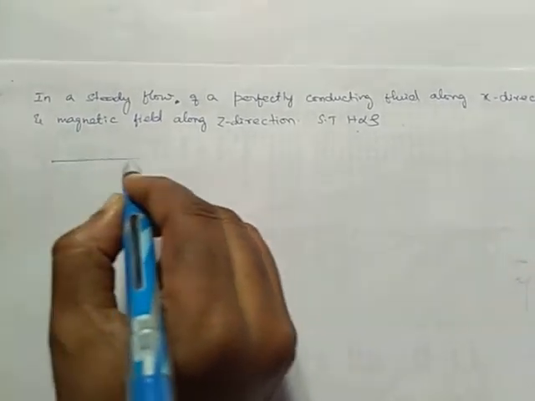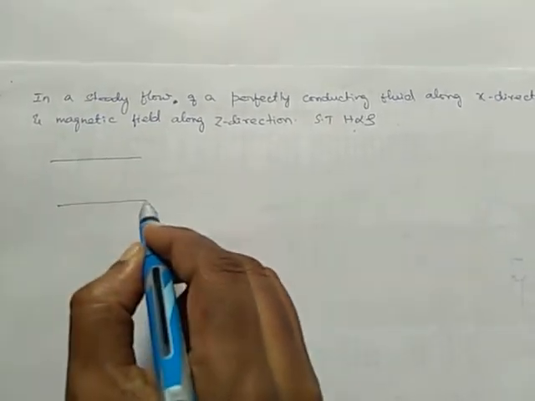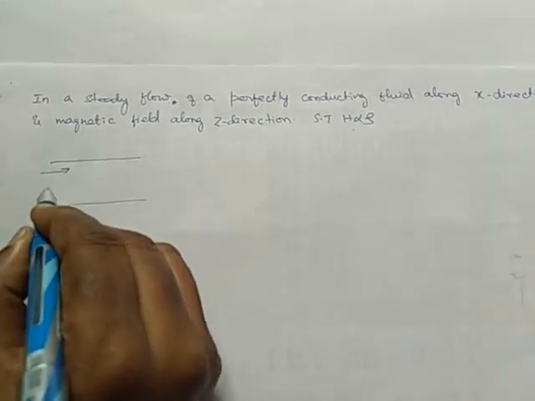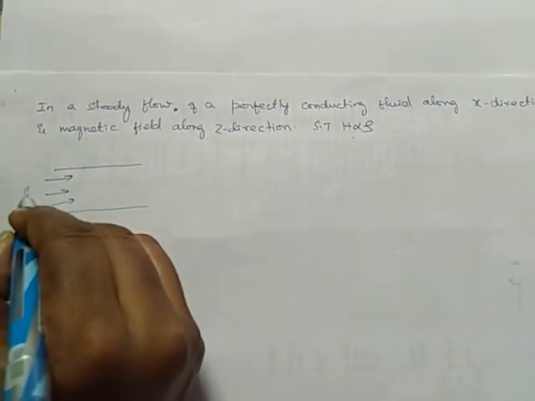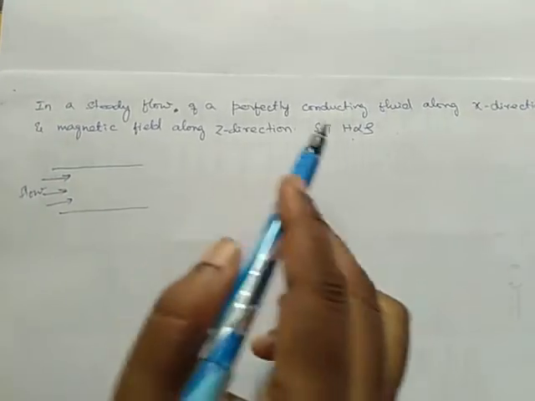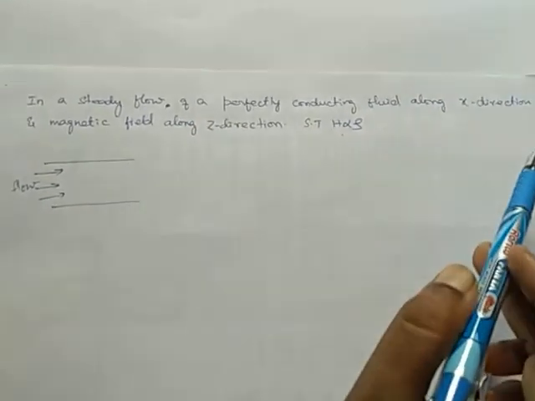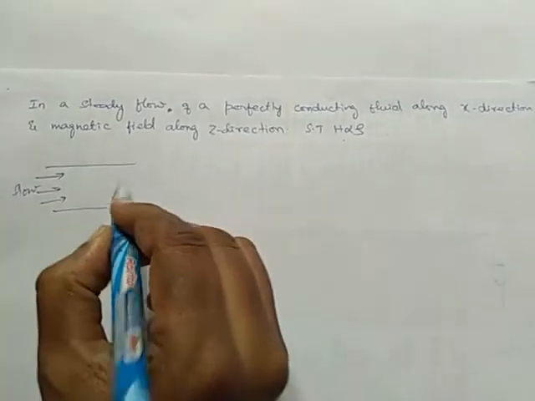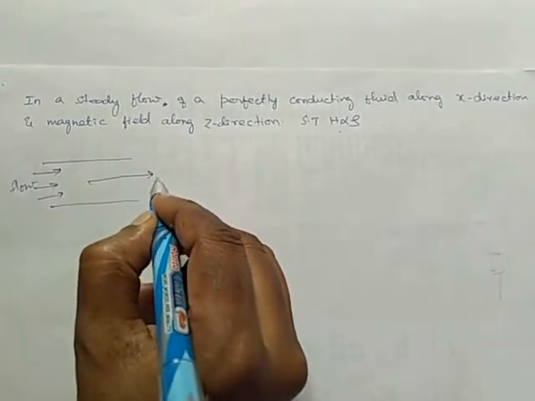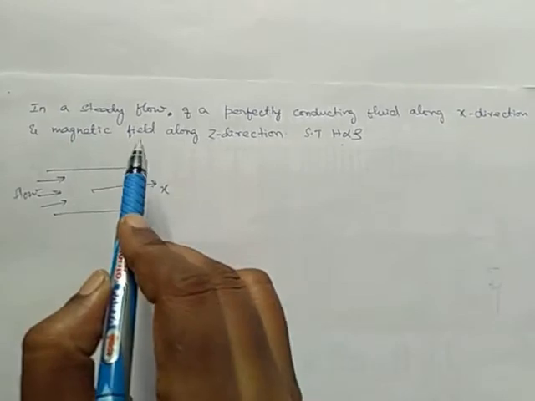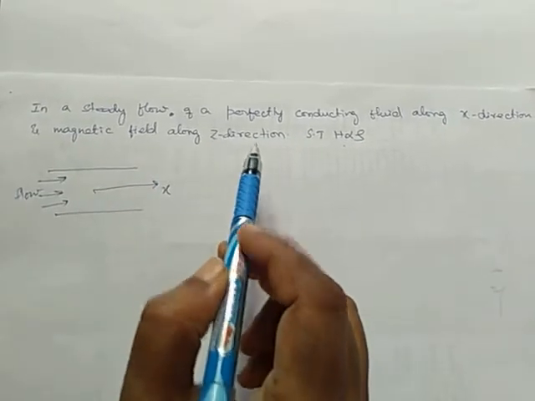Suppose this is our fluid flow. The fluid flows along the x direction, therefore we take this as the x axis, and the magnetic field is along the z direction.